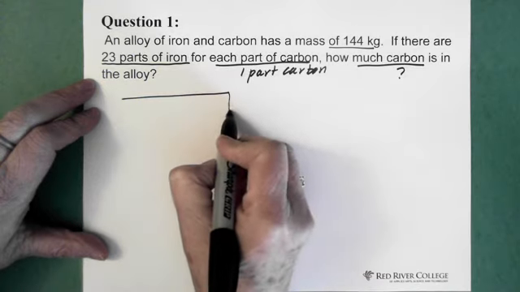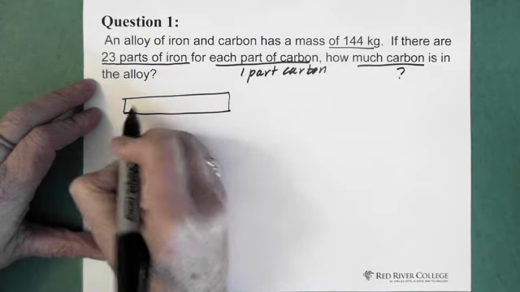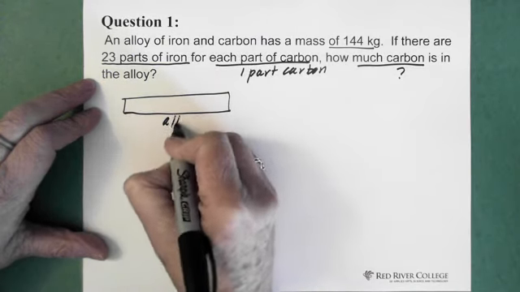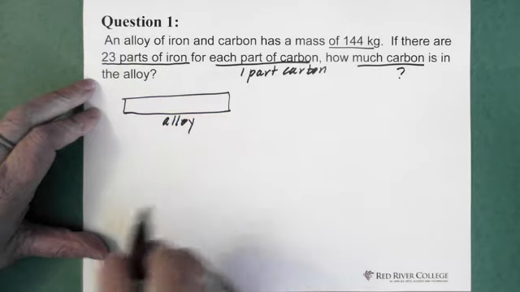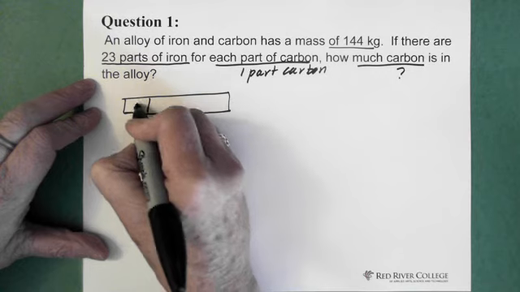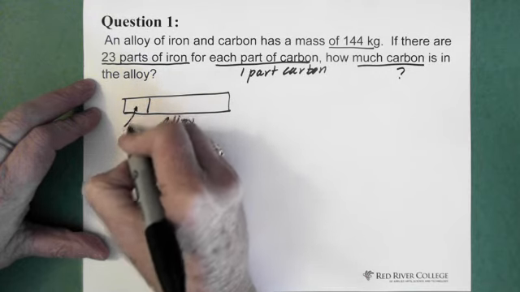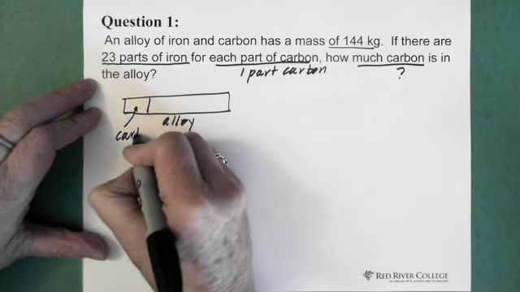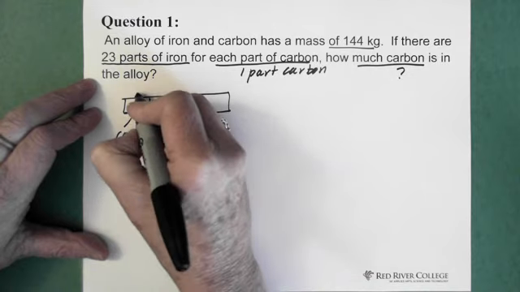So here we have our alloy. We're told that 1 part is carbon. So there's our carbon, and that's a 1.